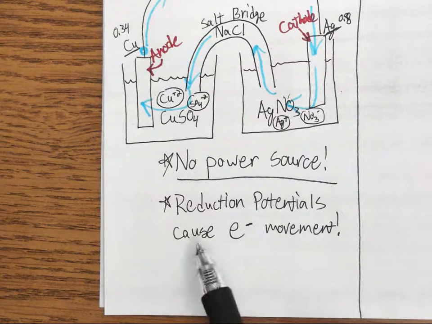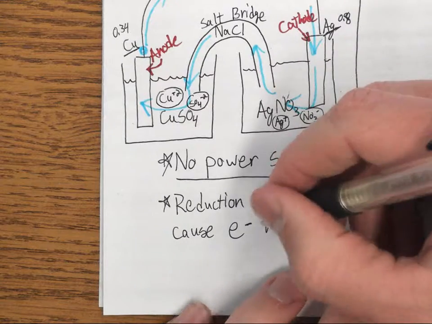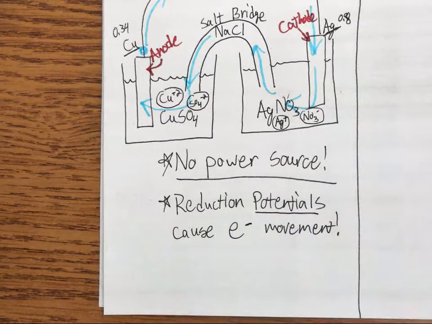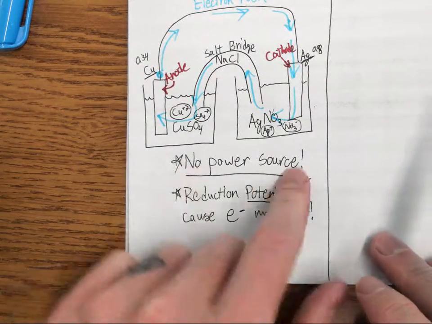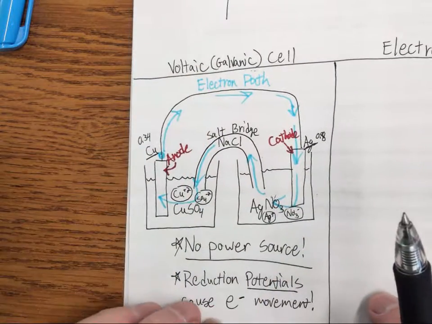Right? Our reduction potentials cause electron movement because it's the potentials. Yeah, there's no power source. No power source for the voltaic cell.